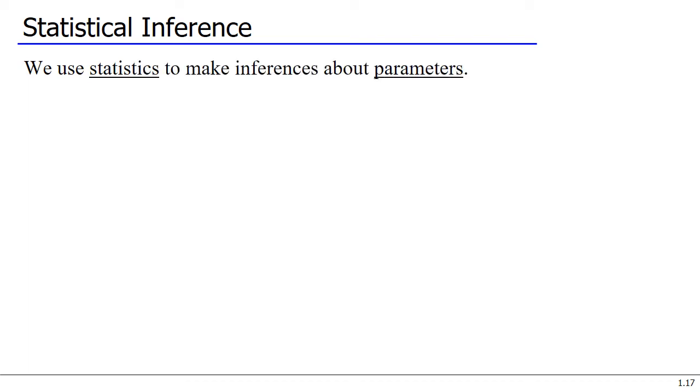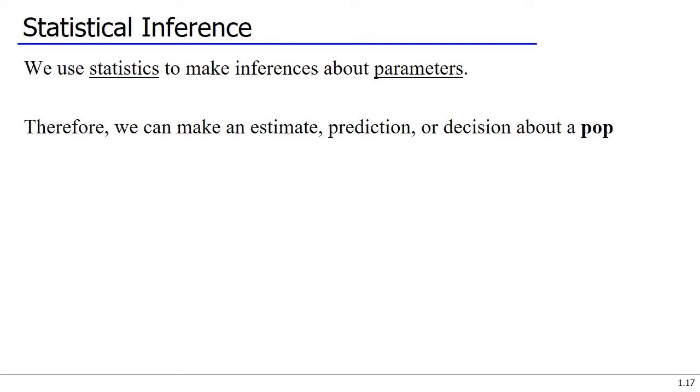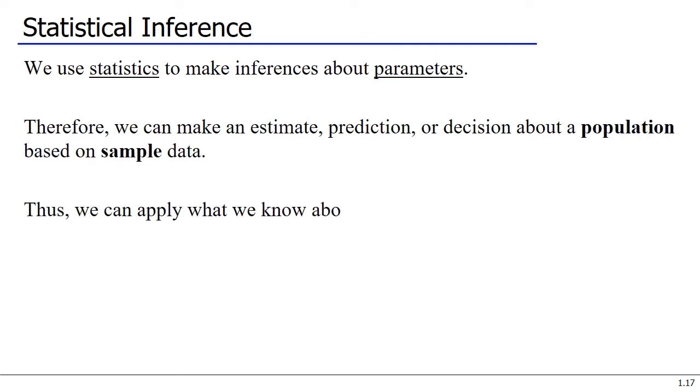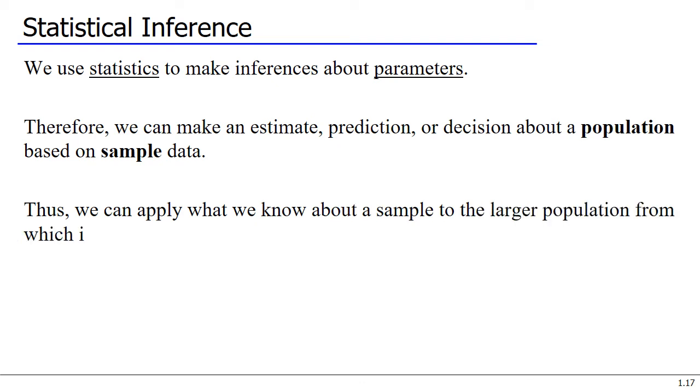Statistical inference. We use statistics to make inferences about parameters. Therefore, we can make an estimate, prediction, or decision about populations based on sample data. Thus, we can apply what we know about the sample to the larger population from which it was drawn.